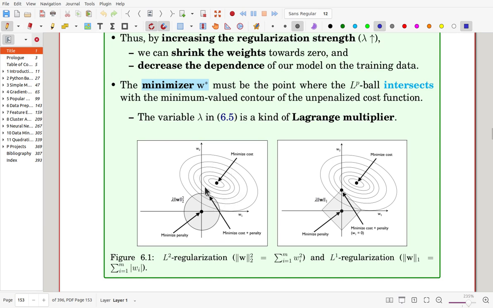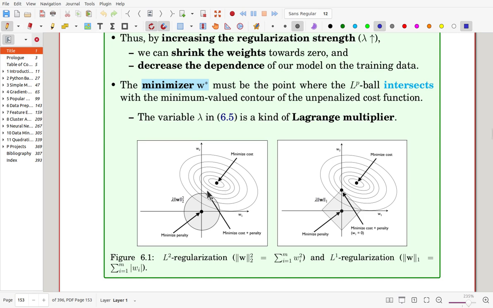The reason is lambda is a kind of Lagrange multiplier, and the gradient of the contour and the gradient of the level curves should be parallel to each other.